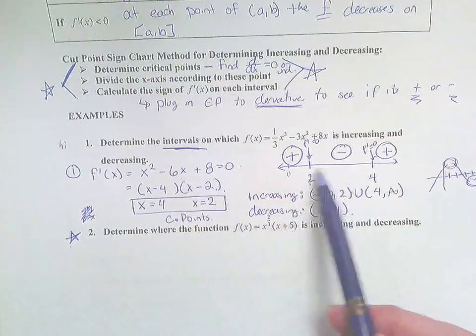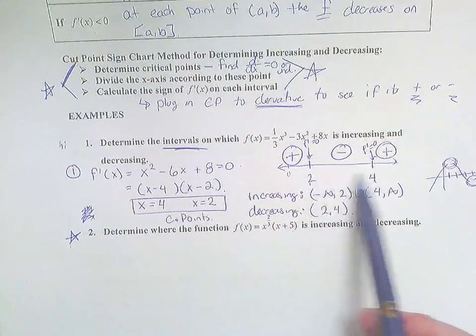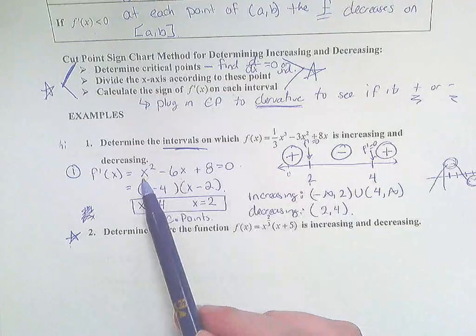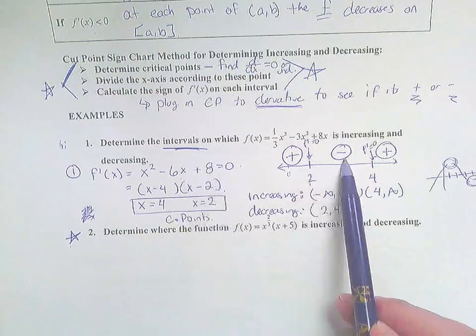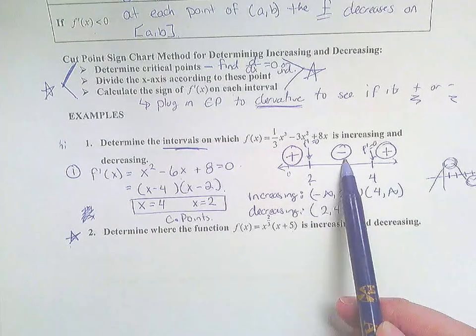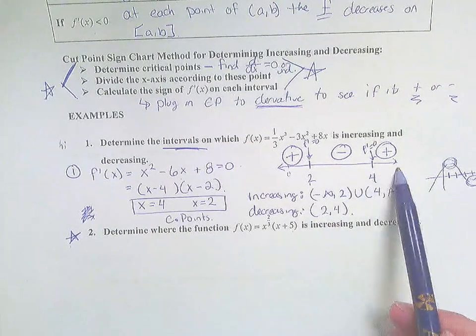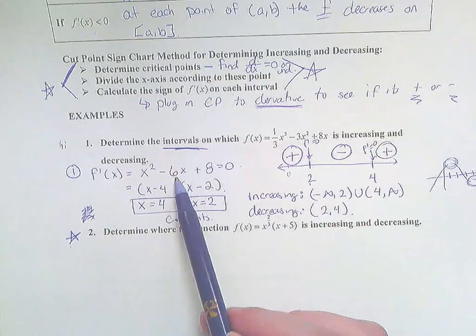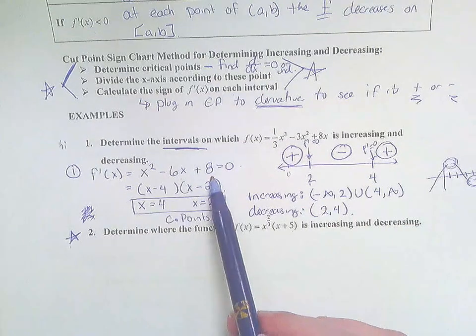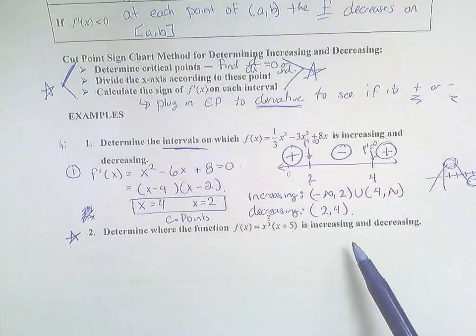We picked 3, a number in between these two. We plugged it in, we got 9 minus 18 is negative 9 plus 8. We got negative. And then we picked a number here, let's say 5. We plugged it in, 5 squared is 25, minus 30, which is negative 5 plus 8, we get positive.